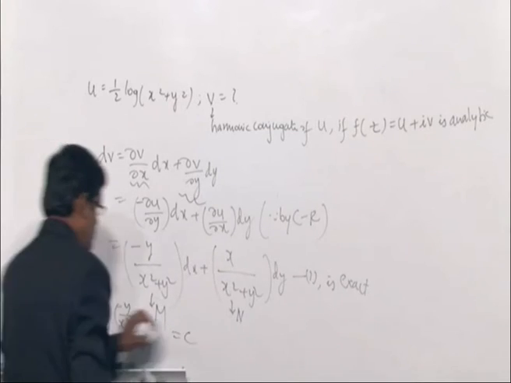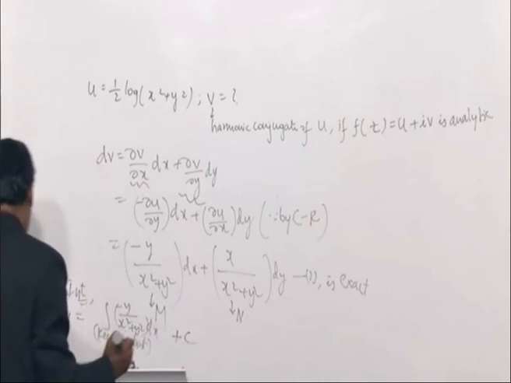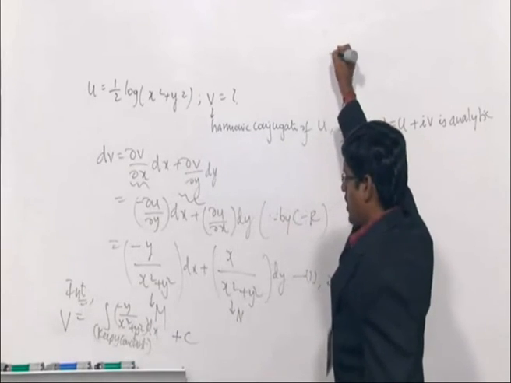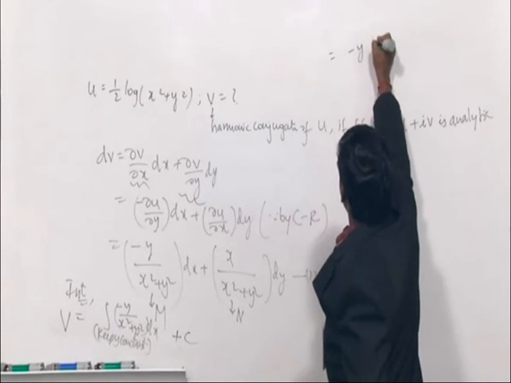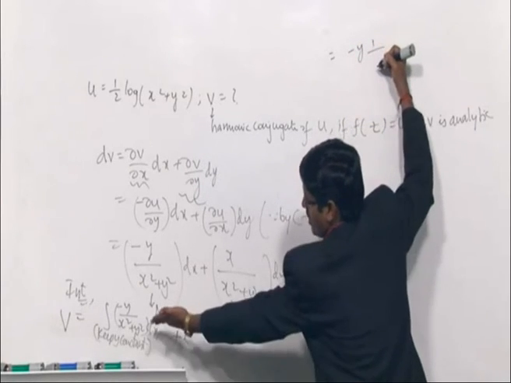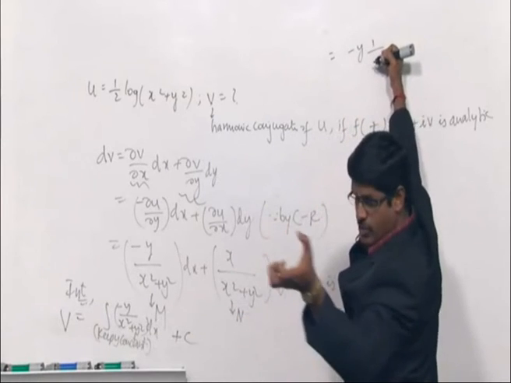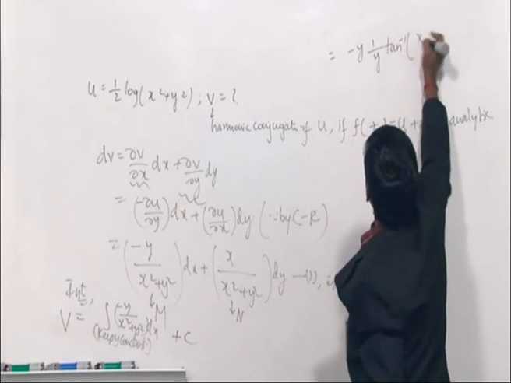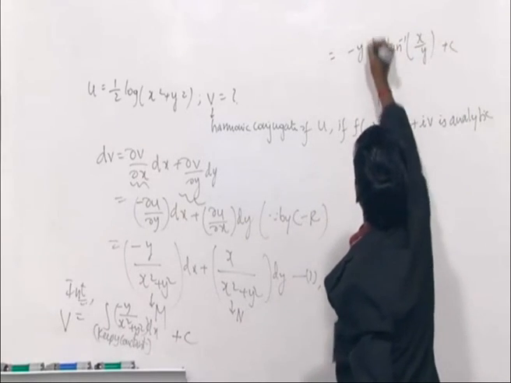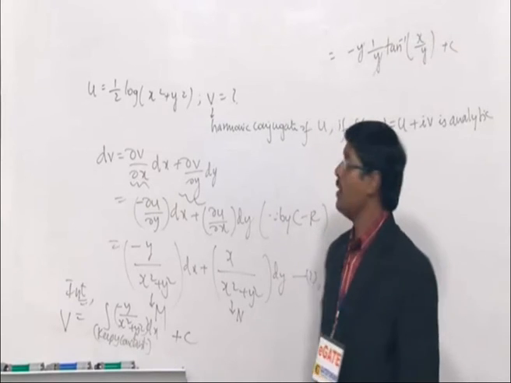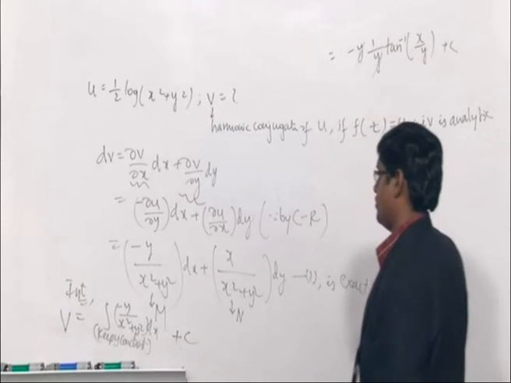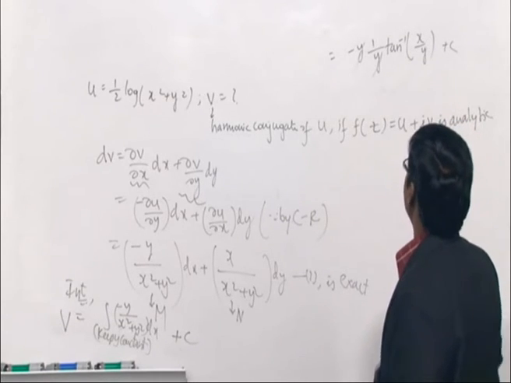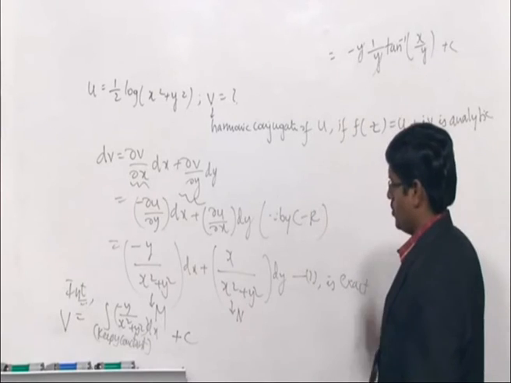This is just the procedure of the total derivative method in finding v or finding u. Since y is constant, minus y times 1 over x square plus a square, where y square is compared with a square, the integration of 1 over x square plus a square is 1 by a tan inverse x by a. So minus tan inverse x by y plus c. So this is the answer, or tan inverse y by x also. No problem.